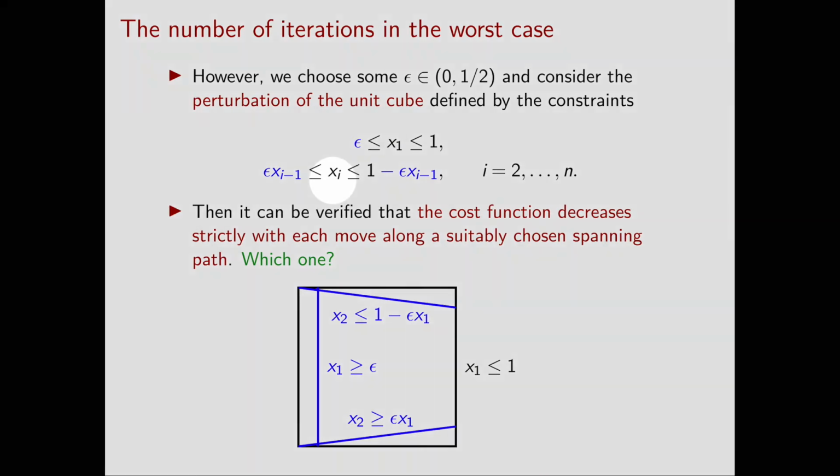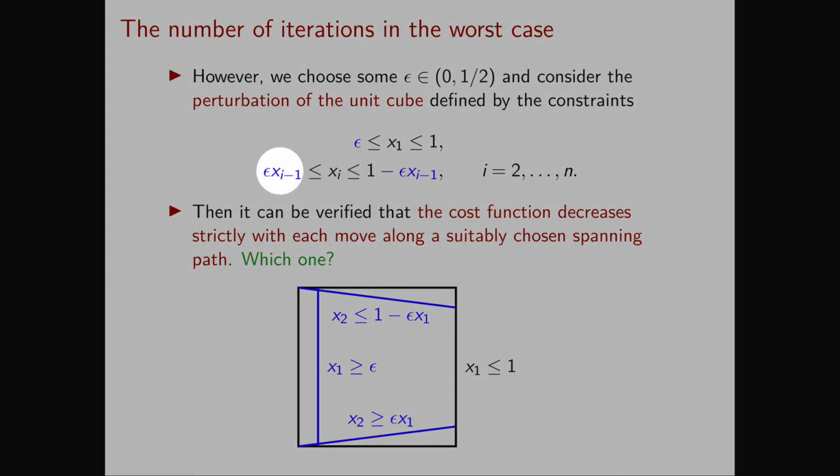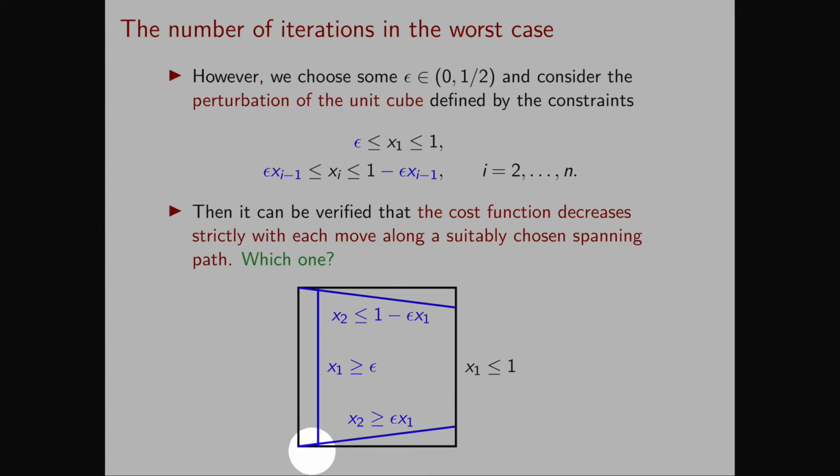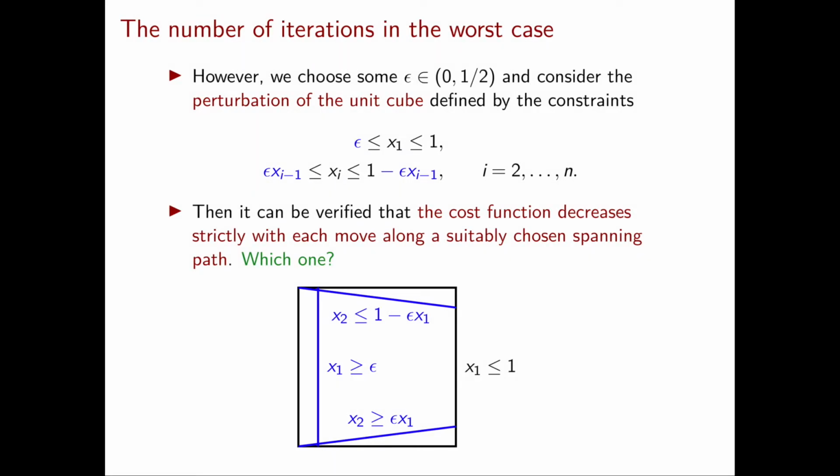Next, we need to draw xi between epsilon times xi minus 1 and 1 minus epsilon times xi minus 1. If you draw these two inequalities, you will obtain these two almost horizontal lines over here. Actually, their slope depends on epsilon.